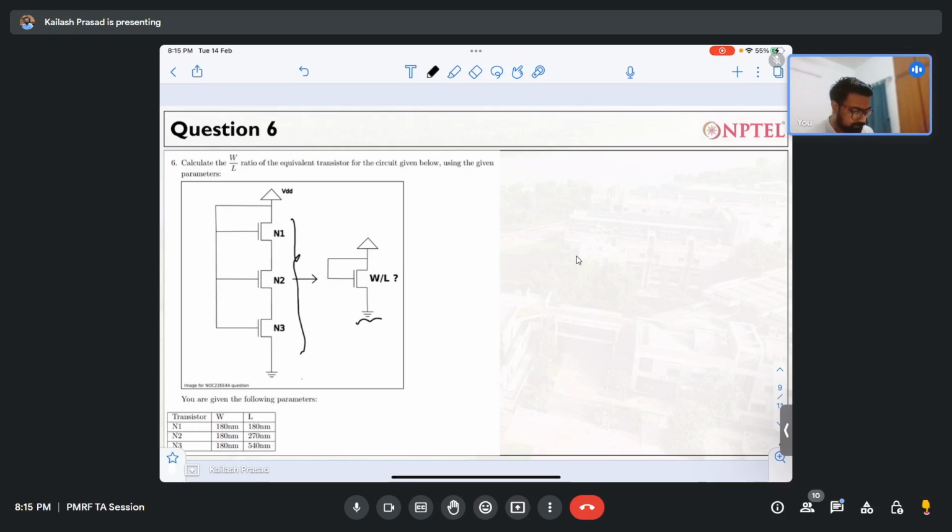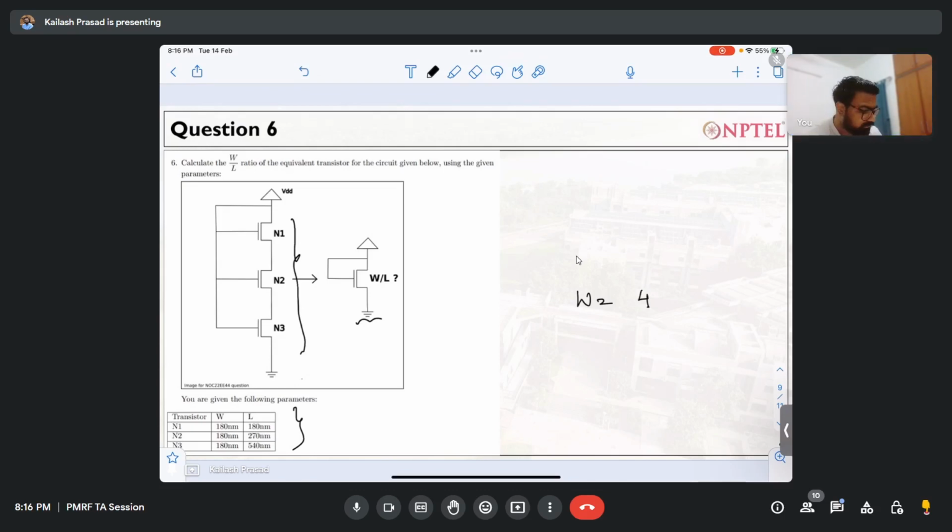The W and L of the transistors are given. N1 has 180 nanometer. W is 4 for all three, M1, M2, M3. No, sorry, it is 3.